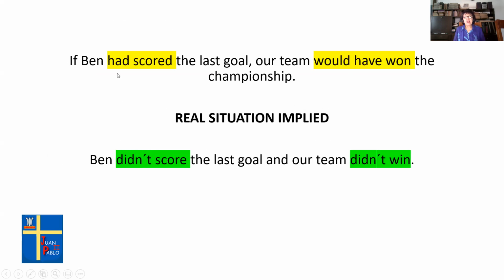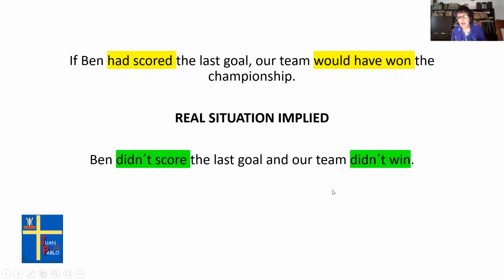Example, if Ben had scored the last goal, our team would have won the championship. What's the real situation implied? Ben didn't score the last goal. So we say, if Ben had scored, but he didn't score the last goal, our team would have won.